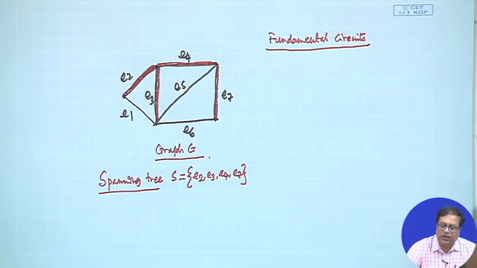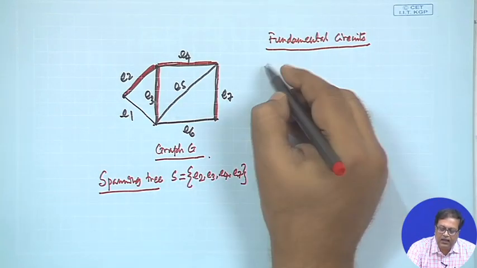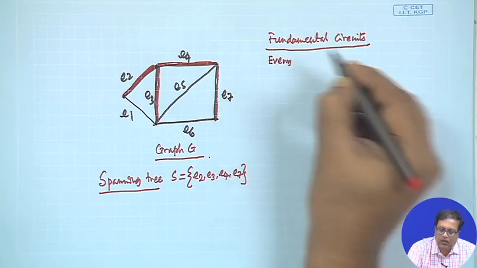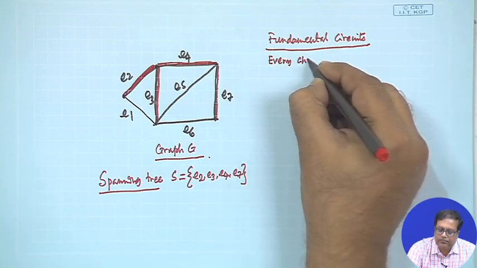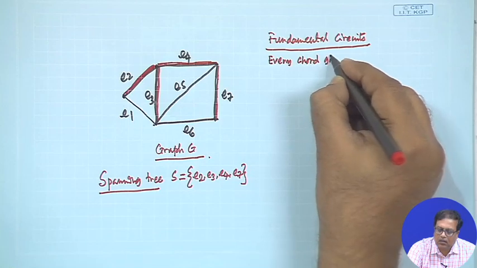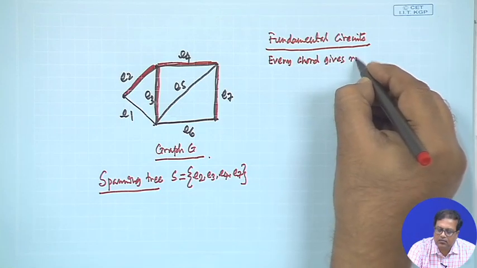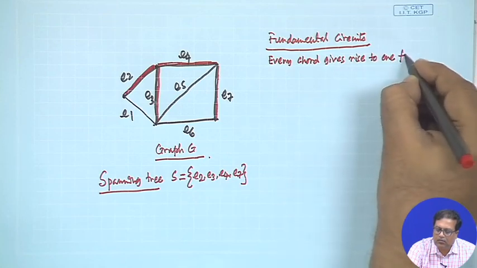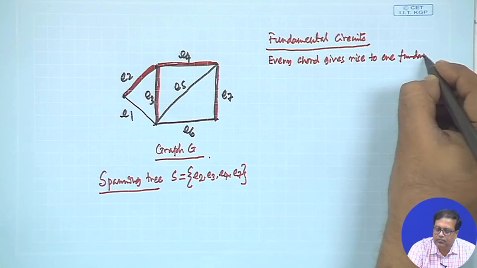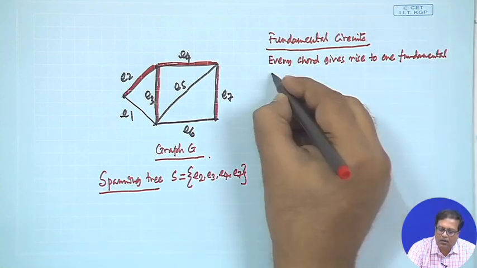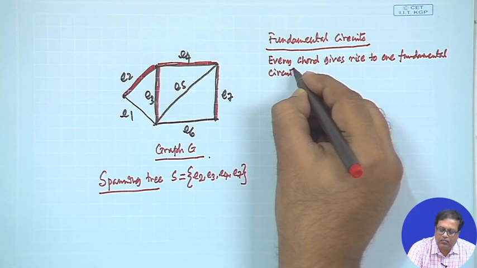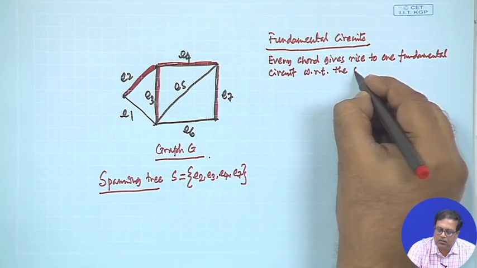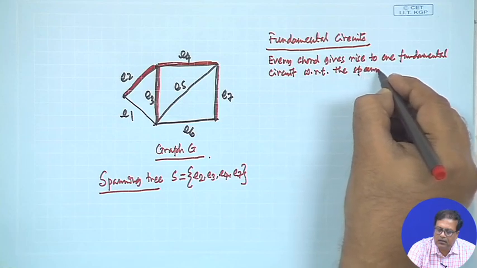So, you see what we have to do here: every chord gives rise to one fundamental circuit with respect to the spanning tree edges.